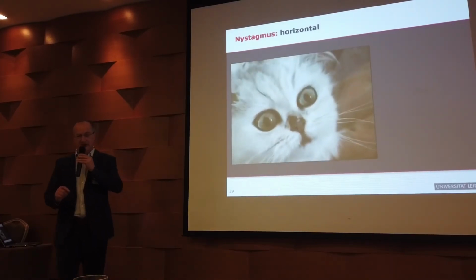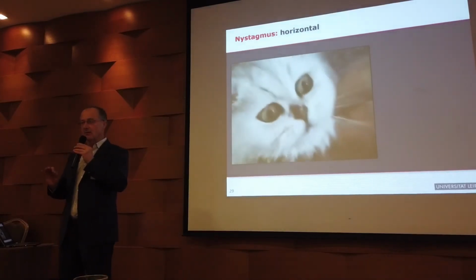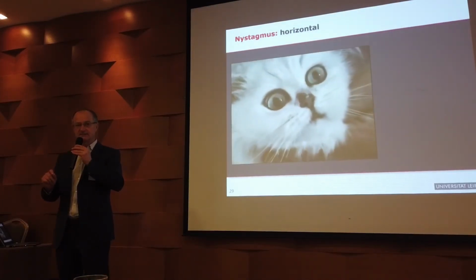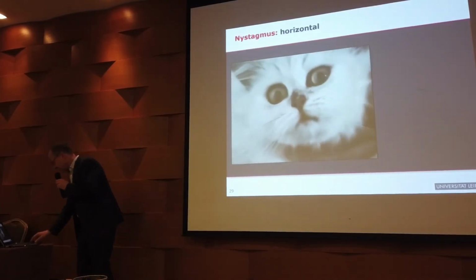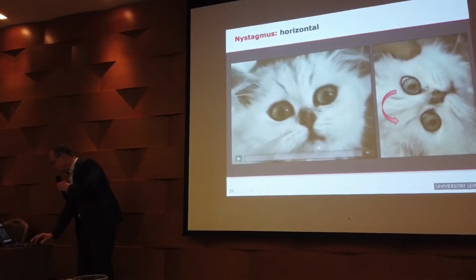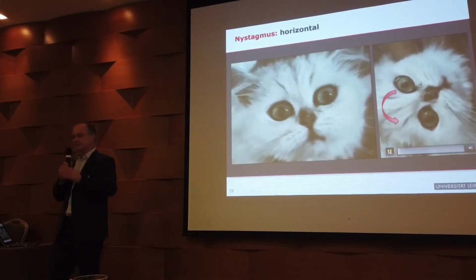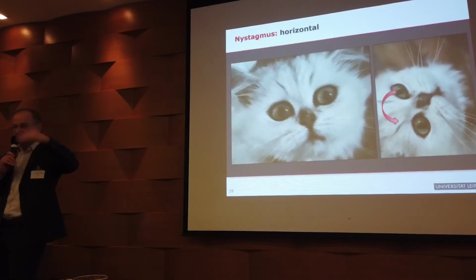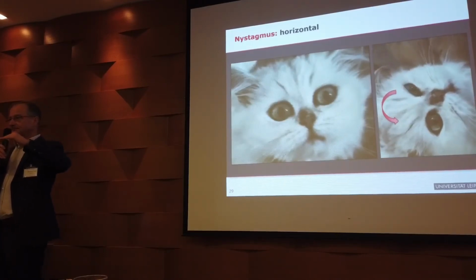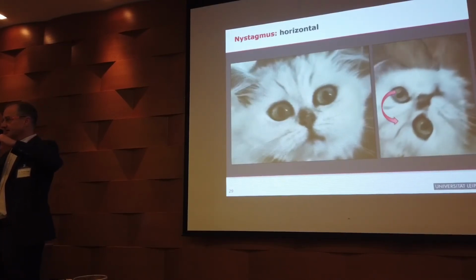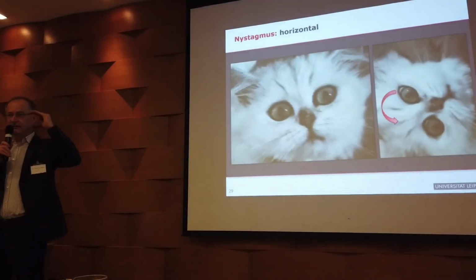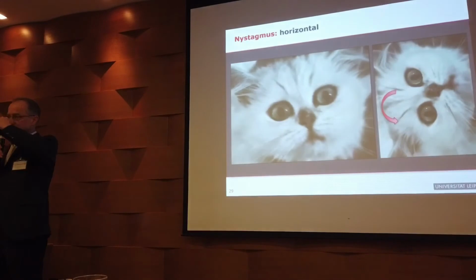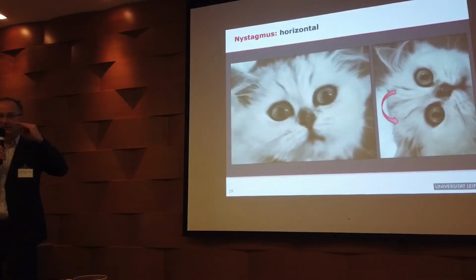Horizontal refers to the normal position of the eyes. So even if this cat is bending the head further, let's say 90 degrees to the normal position, even though it appears to be vertical, it's still a horizontal nystagmus. And that becomes important in a moment. So it refers to the normal axis of the eyes, whether that is horizontal or not.